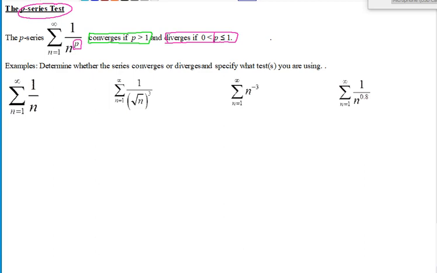So on this first one here, you can see there's a 1 right there, so p is equal to 1. And notice the equal to is right here. So this one diverges by the p-series test.